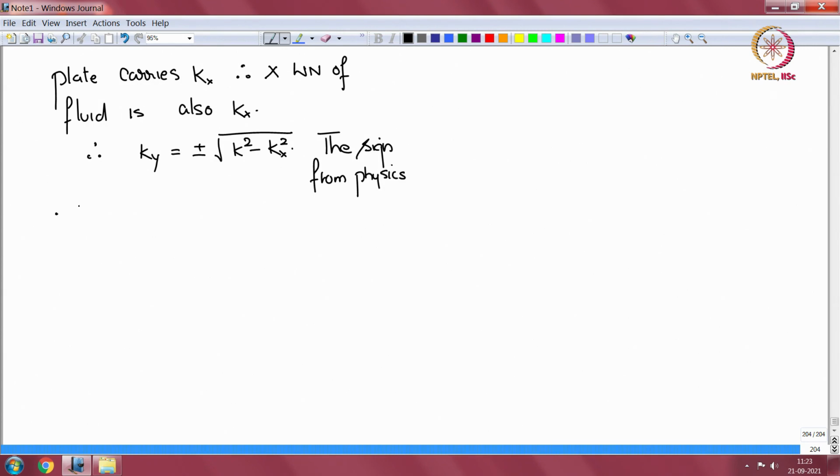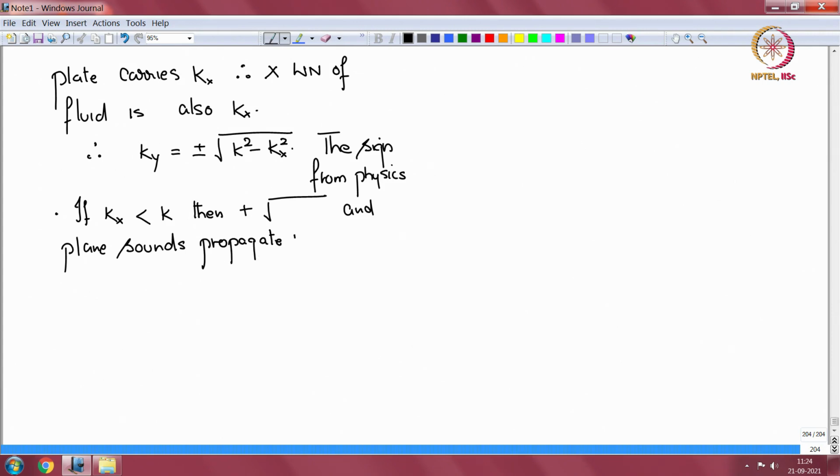So if kx happens to be less than k, then we take the positive real square root. Okay, what does that mean? That means that plane sound waves propagate in the medium.